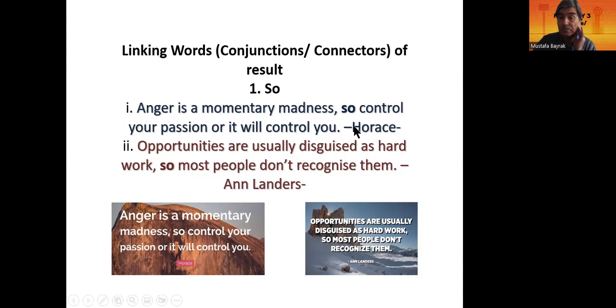So, now that anger is madness, control your passion or it will control you. We should control, train and discipline our passion. We should know what to want and what not to want. Horace said this.